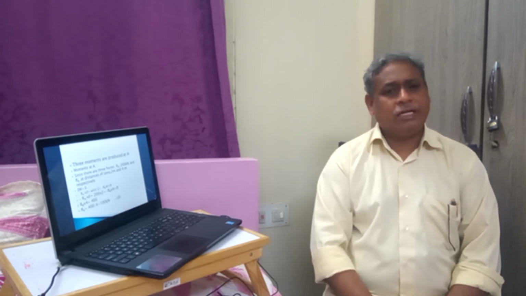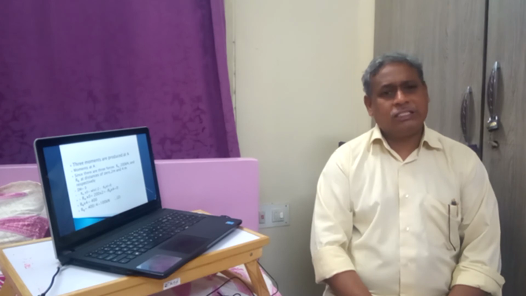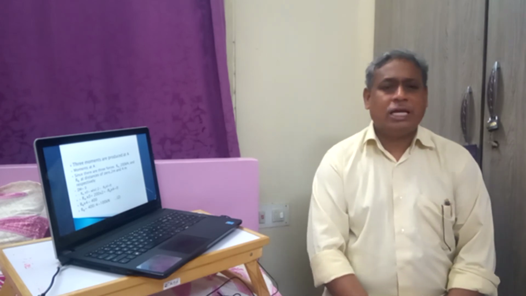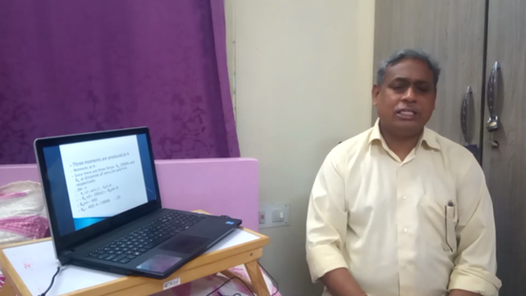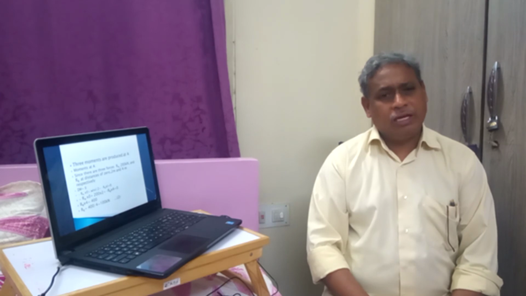RA will be acting at A, so that distance will be 0. WL will be acting at the center, that is at L by 2, and RB is acting at the other end, that is the span or length of the beam.